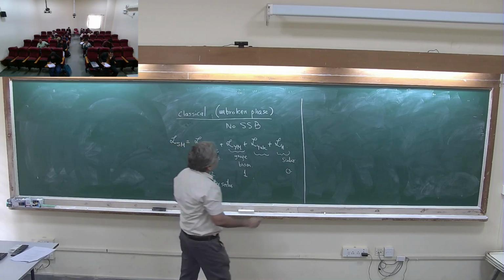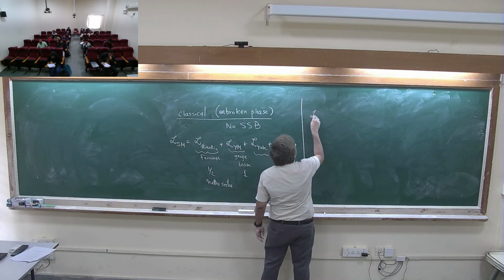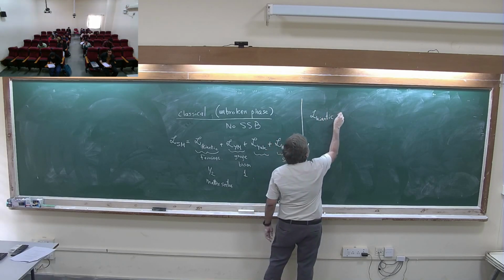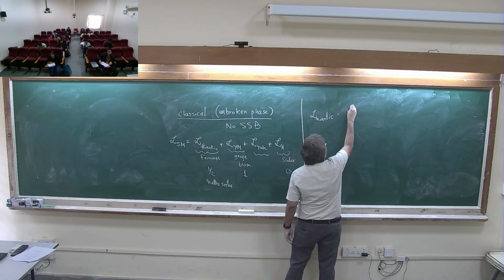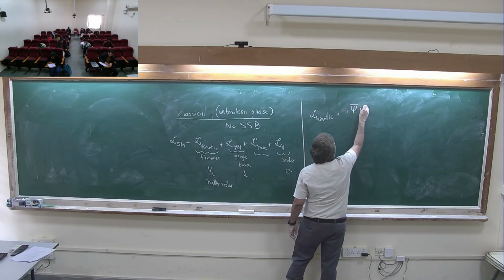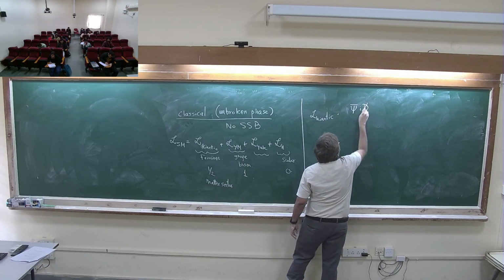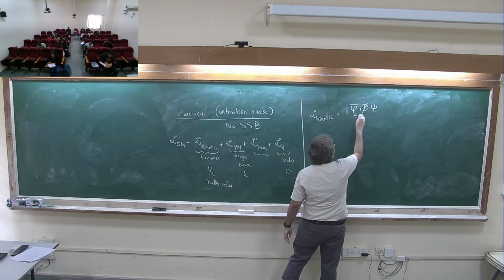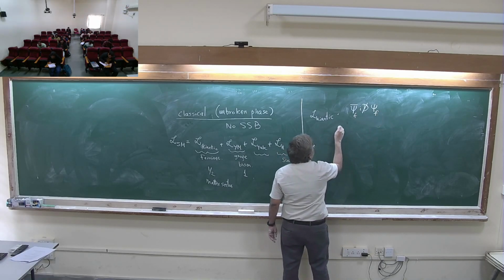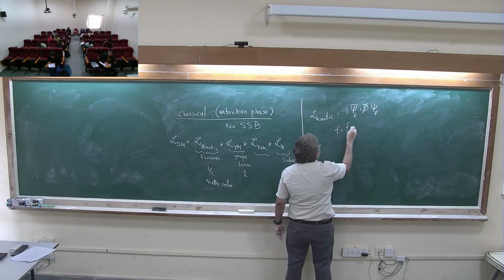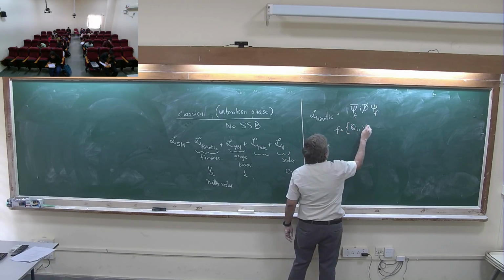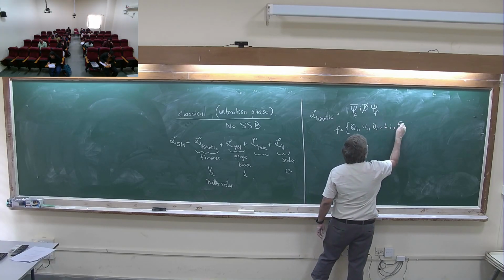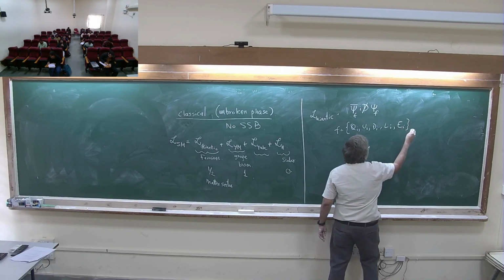So L kinetic is nothing but, for all the fermions, essentially Q_i, U_i, D_i, L_i, E_i.